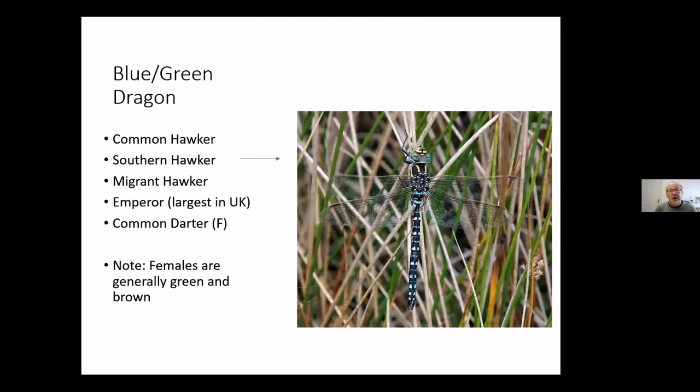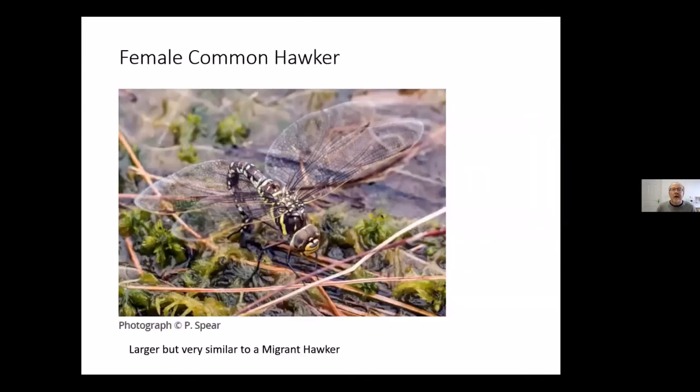Now, I mentioned this 1 in 4 chance of getting your identification right. This is a good example of actually probably 1 in 4, 1 in 5. If you see something that's bluey green flying around, it's going to be one of these species listed on the left-hand side. So what could it be? Well, if it's sort of greenish with some brown, it could be a female common hawker.